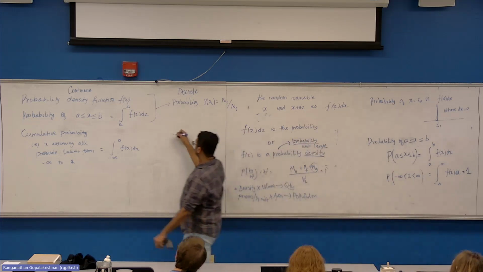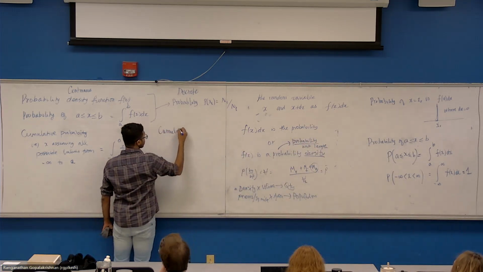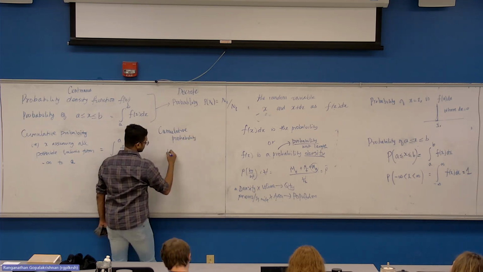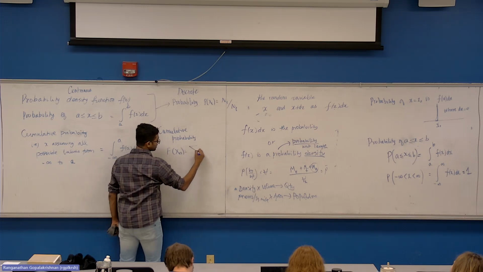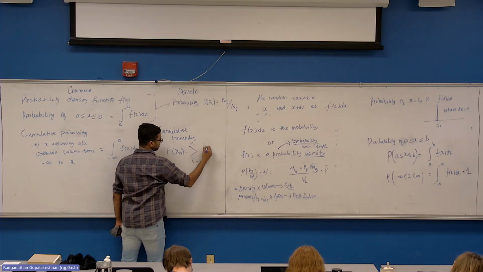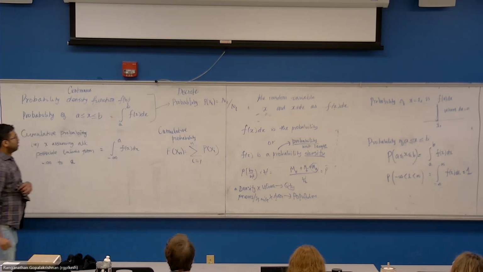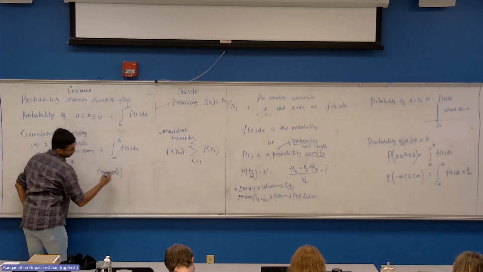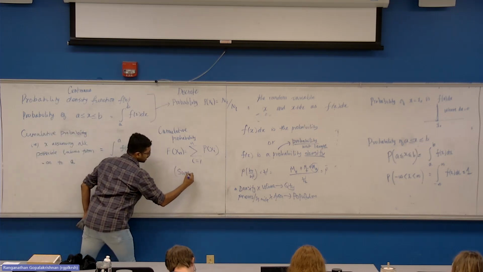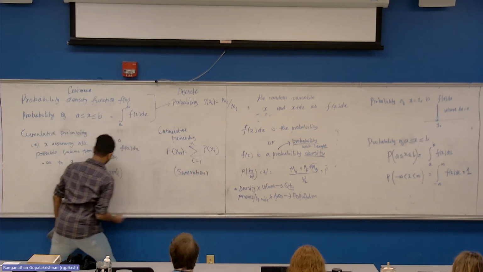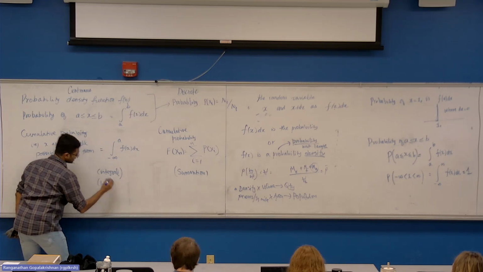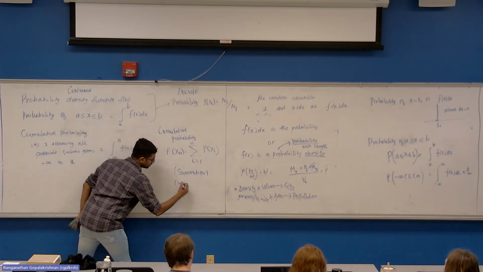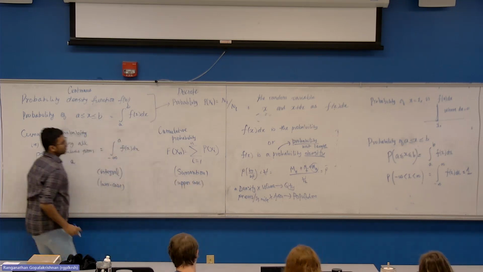You also looked at cumulative probability, which is F of xn equals summation i equals 1 to n P of xi. Here you have integral because it is a continuous variable, and here we have summation. That's one difference. We use lowercase to represent continuous variables, whereas we use uppercase to denote discrete variables.